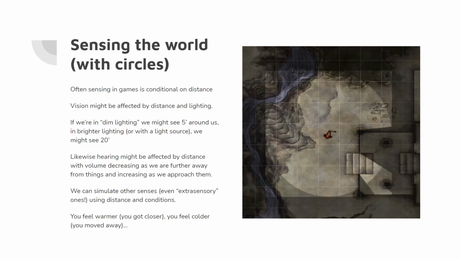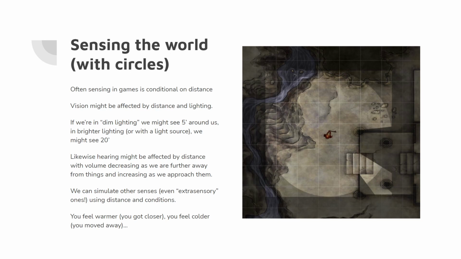And with that data, now we're doing the things like sensing the world. Right? You can get far fancier. You could say, okay, I have a circle around me that tells me that I can see if the flashlight is turned on, I can see the fact that there's a wall over here, or the monster is over there, or something like that, right? It doesn't necessarily have to be binary in that case as well.